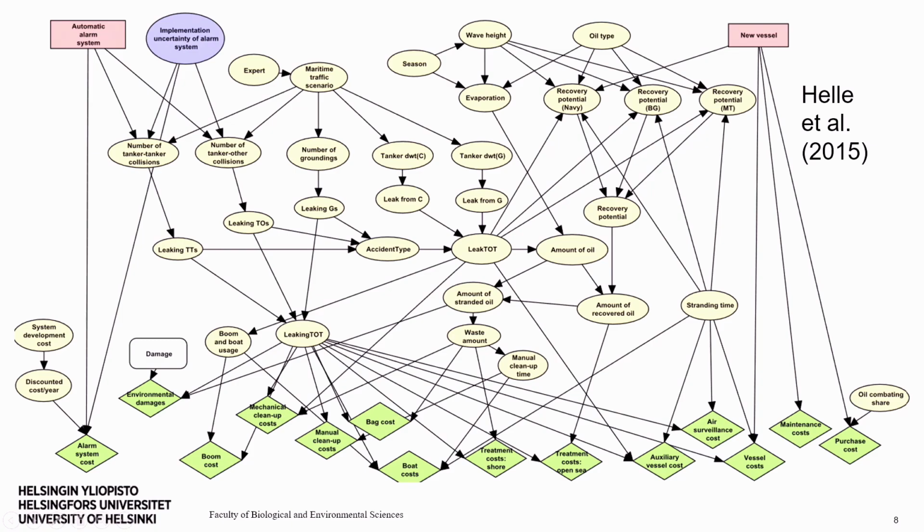According to this network, the alarm system is the cost-beneficial policy implementation that should be chosen. So that's why I wanted to include this uncertainty in this policy decision, to see how sensitive it might be to the introduction of different policy implementation uncertainty levels.